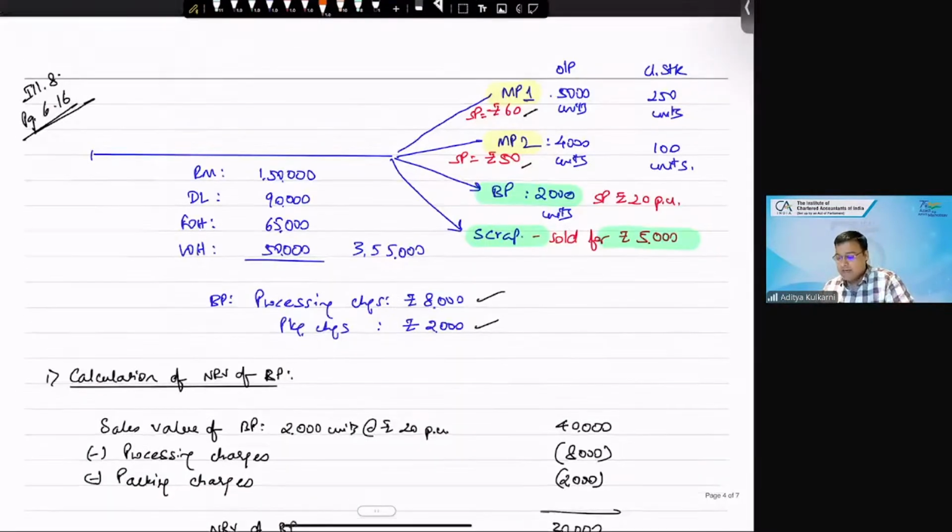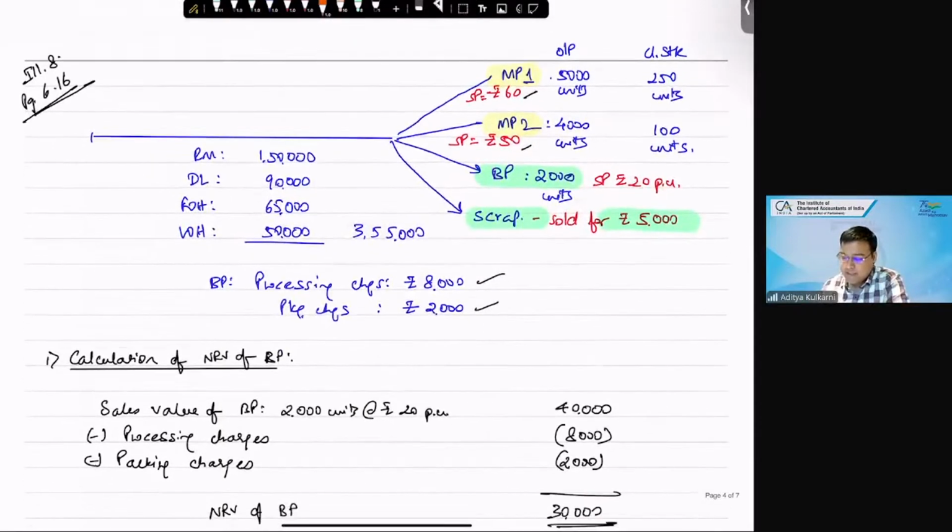Now let us look at the diagrammatic representation. This is the common process. You can copy this for ease of understanding. For this common process, you are incurring these costs: raw material, labor, fixed overheads, variable overheads.